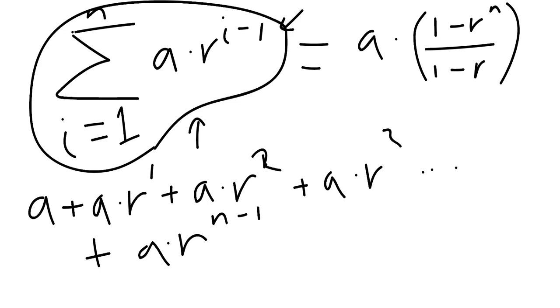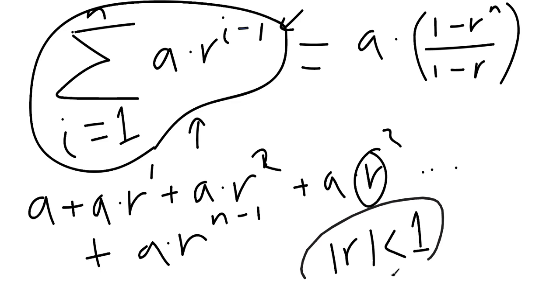And this r is a ratio strictly between -1 and 1. So the absolute value of r has to be less than 1, in other words. So this is the finite geometric series formula.